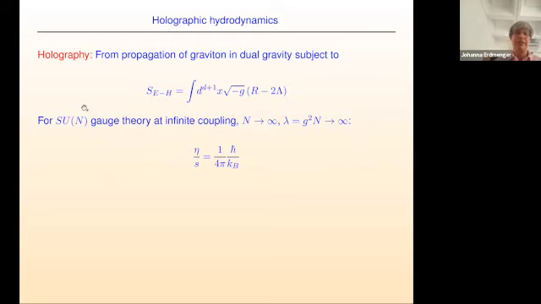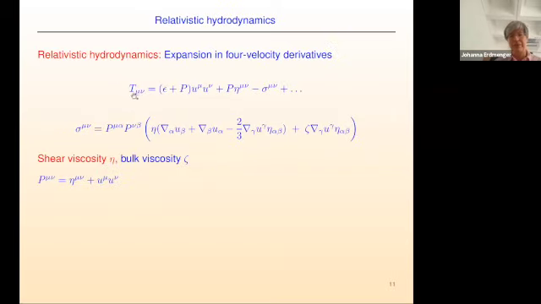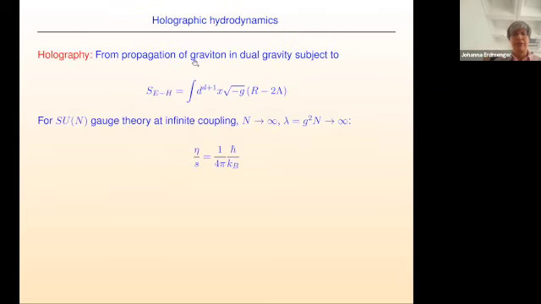For holographic hydrodynamics, I can just refer to what I was explaining yesterday, when I already briefly explained how to calculate this famous result. What is done is that we look at the propagation of a graviton, which couples to this energy momentum tensor. And so from the propagation of the graviton in the dual gravity theory, that is governed by a particular action, the so-called Einstein-Hilbert action, which involves minus the determinant of the metric, the Ricci scalar, and the cosmological constant, which is negative in our case.